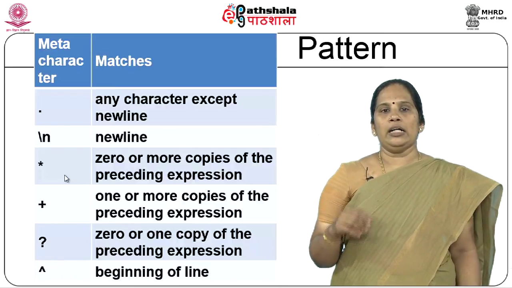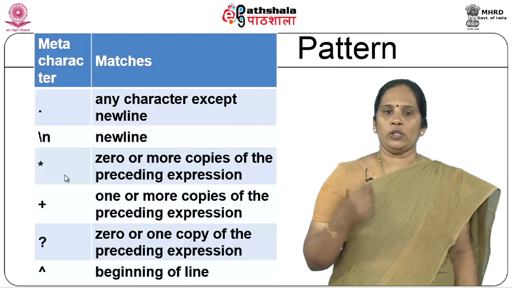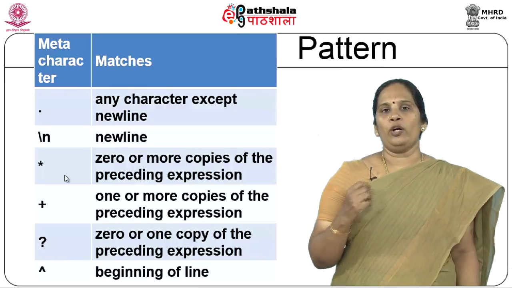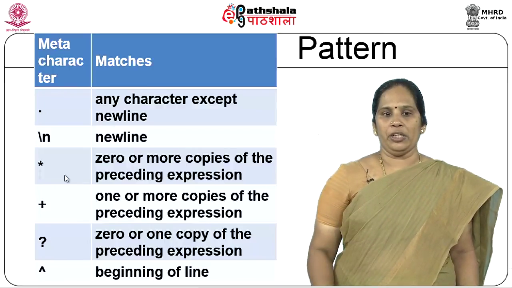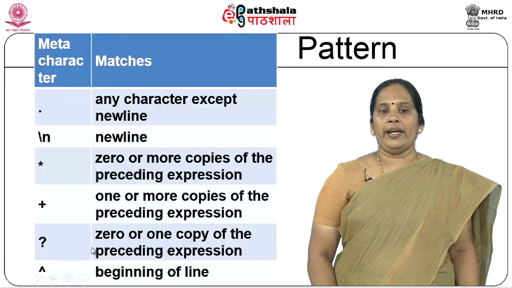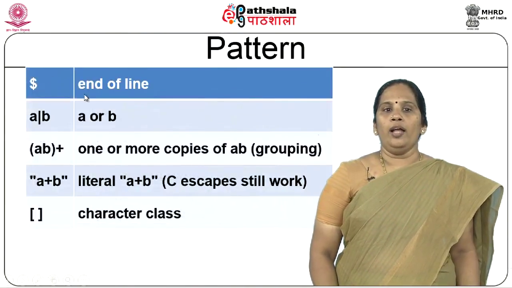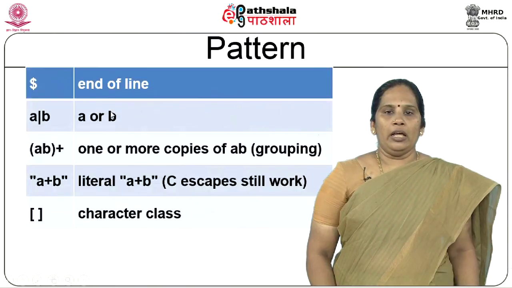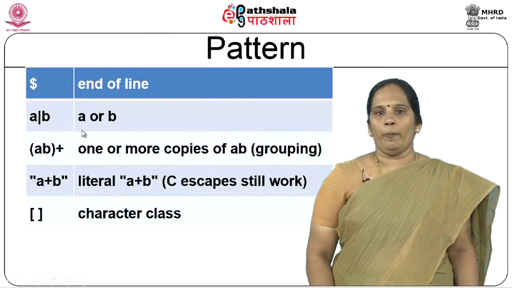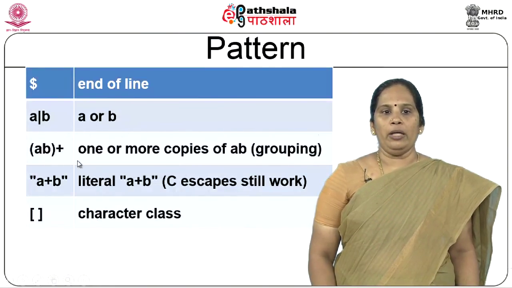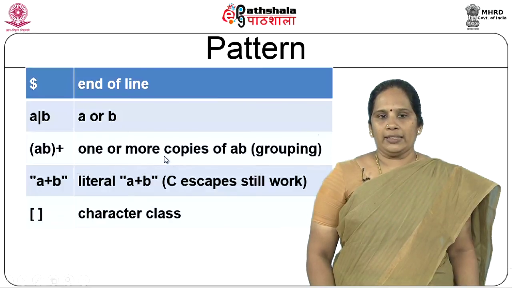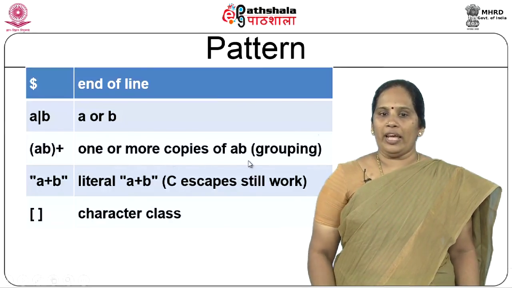Question mark is a special regular expression operator, which we have also seen, meaning 0 or 1 copy of the preceding expression. Then the caret ^ indicates the beginning of a line, and dollar $ indicates the end of a line. A|B is the same operator which we already know, A or B. And (AB)+, for example, is 1 or more copies of AB together.